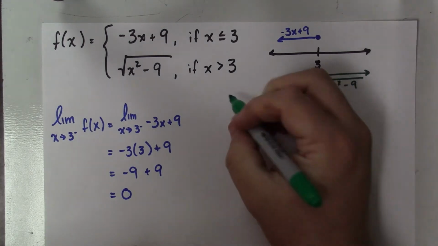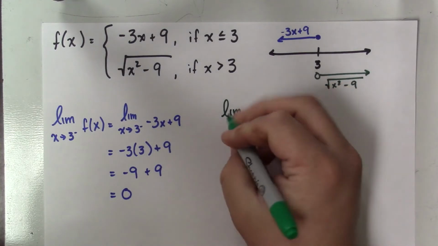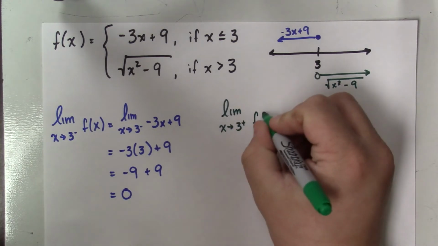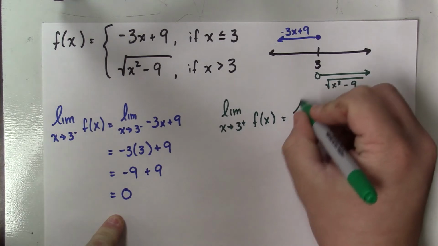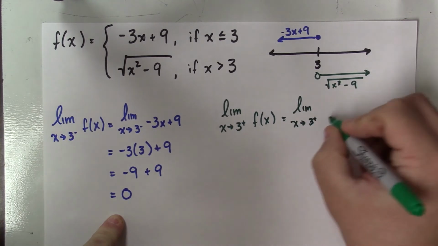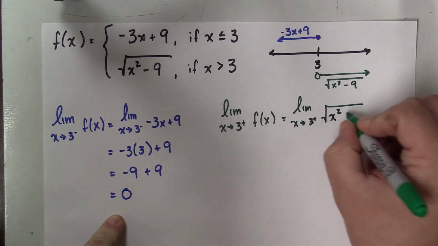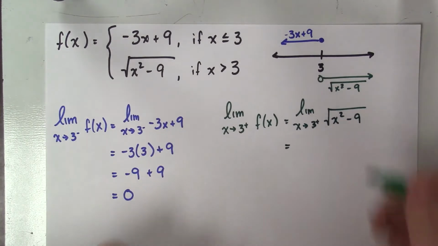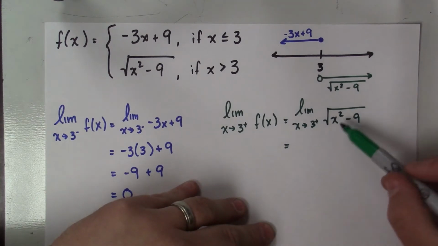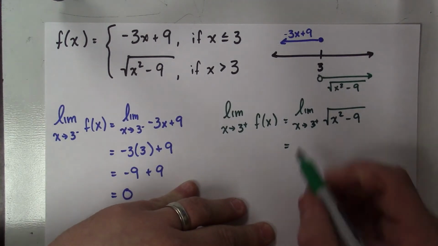So let's do the same thing. The limit as x goes to 3 from the right of f of x, which would be the limit as x goes to 3 from the right of the square root of x squared minus 9. We're going to have to see if there's a domain restriction here, but let's see what falls out.